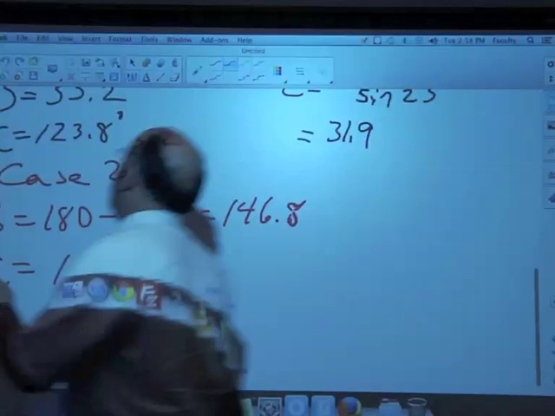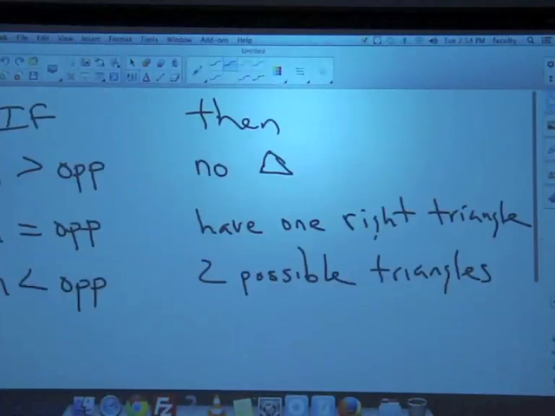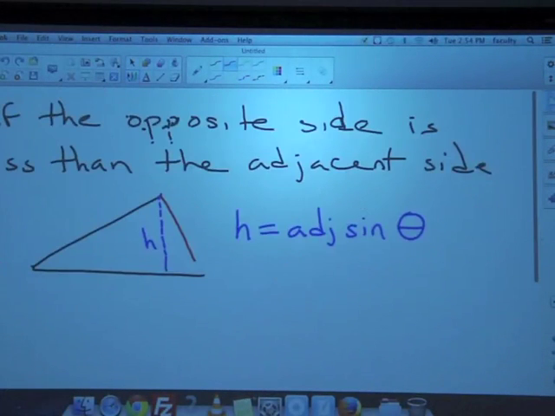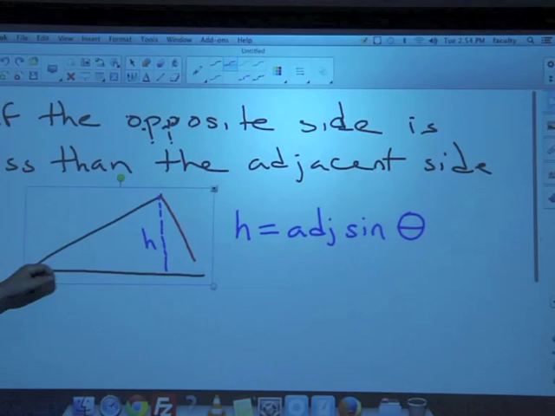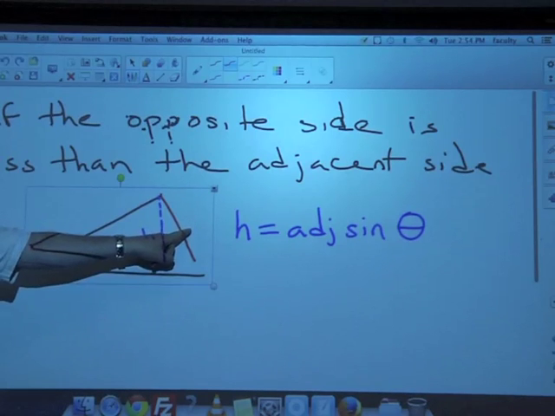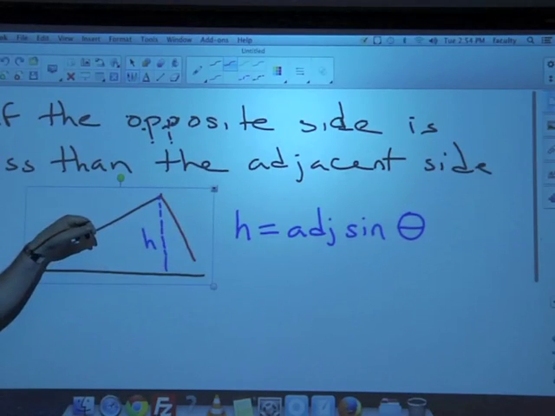All right, so let's go back. Here's H, right? They're going to give you this angle. This will be the opposite side. This is going to be my adjacent side.